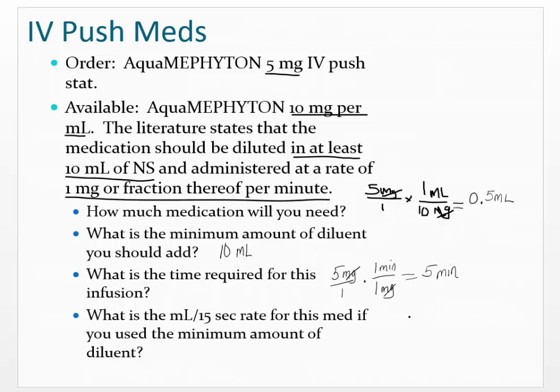Now, it asks me, what is the milliliter per 15-second rate? We talked about the rate in the previous question, and we're going to start there. So, we have in our syringe 0.5 milliliters of the med combined with 10 milliliters of the diluent. So our total volume is 10.5 milliliters. And we're supposed to administer that over 5 minutes.